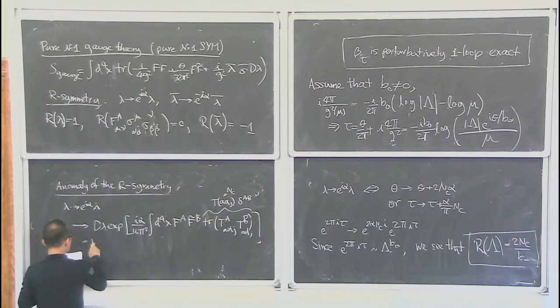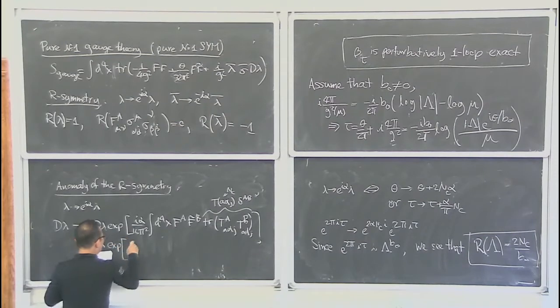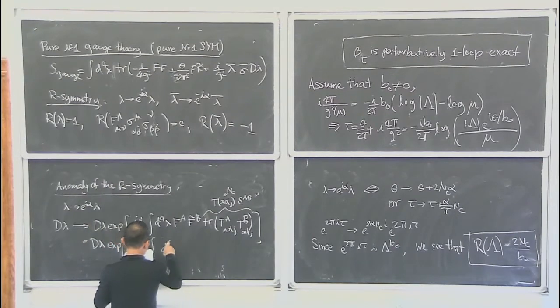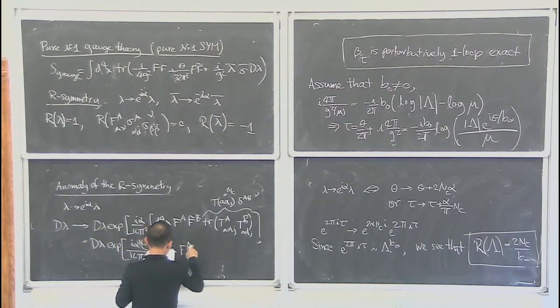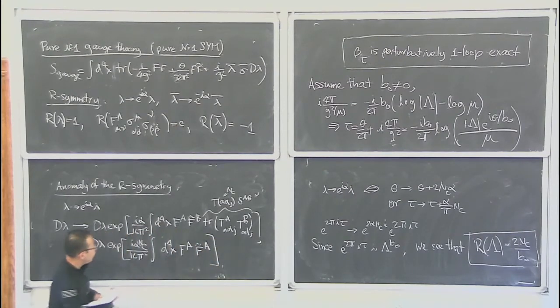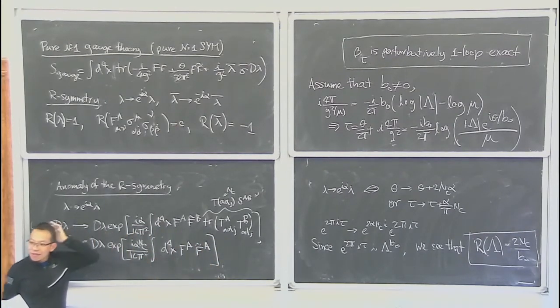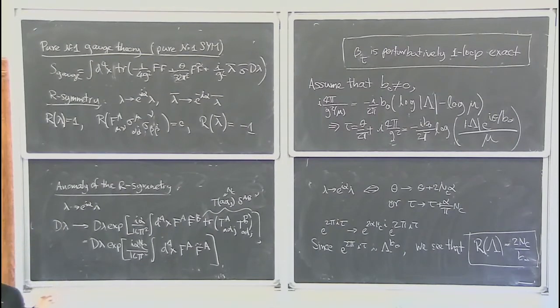So this is equal to d lambda exponential i alpha N_c over 16 pi^2 integral d^4x F^A F-tilde^A. Who has seen this thing before? This is called the second Pontryagin class, or otherwise known as the instanton number. And this is why we call it an instanton effect.